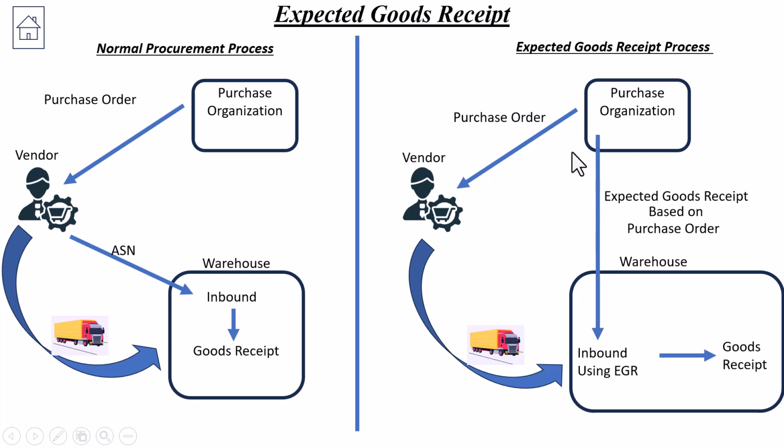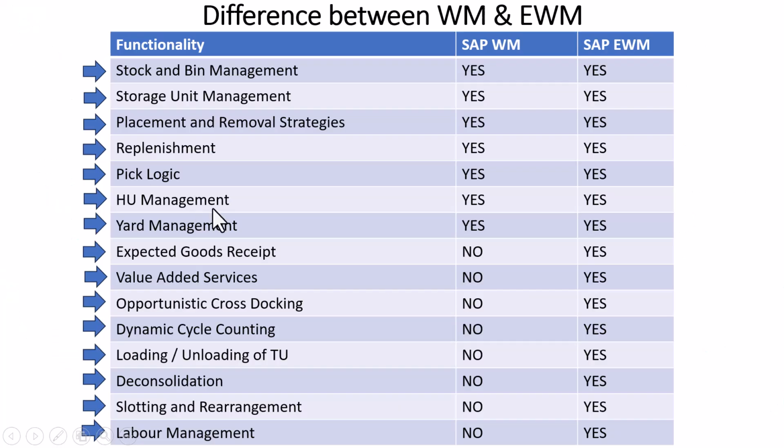With the help of expected goods receipt, even though there is no advance shipping notification, we can receive the goods. That is the ideology behind expected goods receipt. This functionality is lacking in SAP WM, but in SAP EWM, yes, we have that functionality.